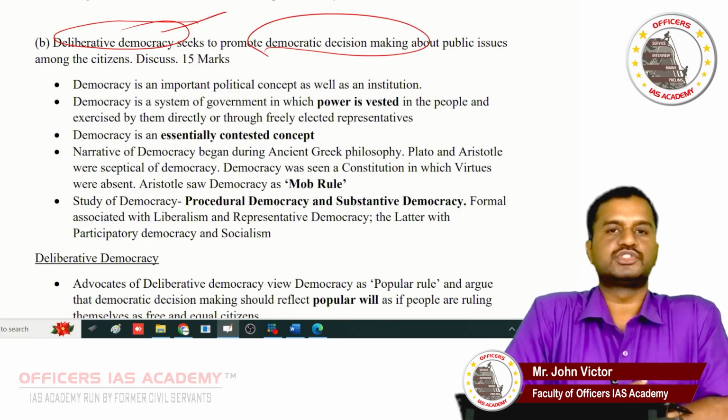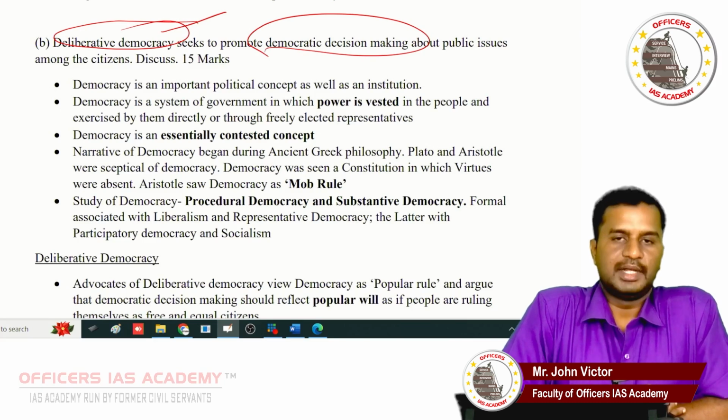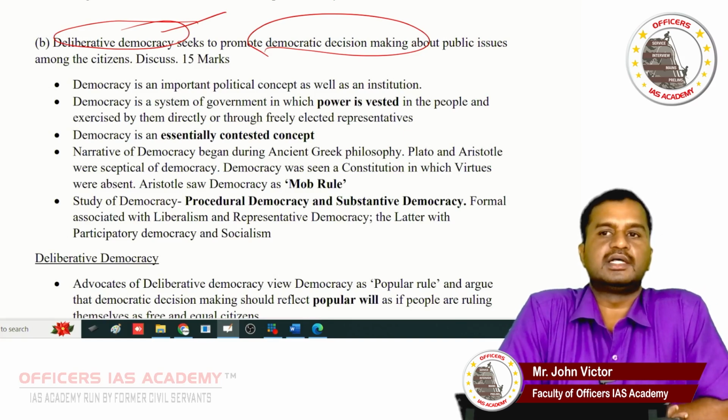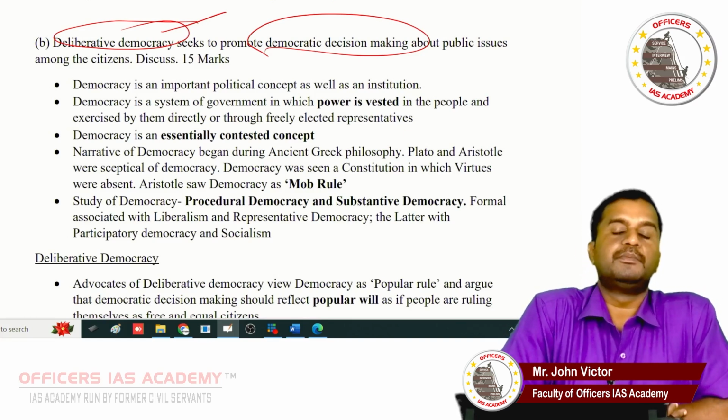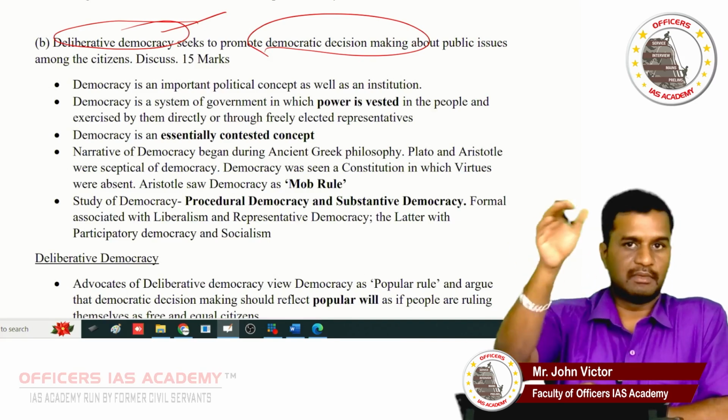Deliberative democracy is associated mainly with Hannah Arendt, Amartya Sen, John Mill and J.J. Rousseau. These individuals wanted the participation of people in the society. They viewed power positively. Okay, power to, not power over.